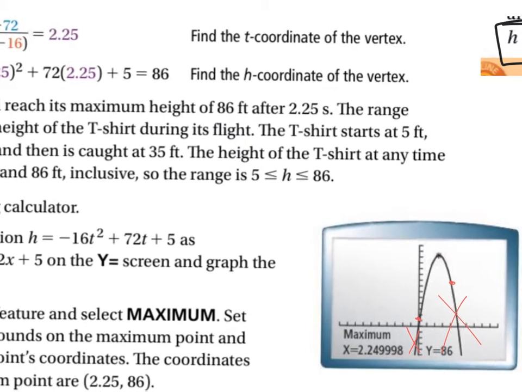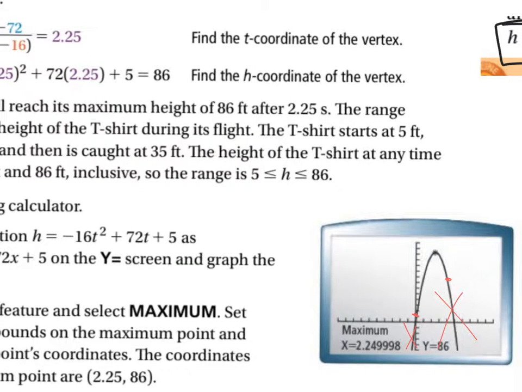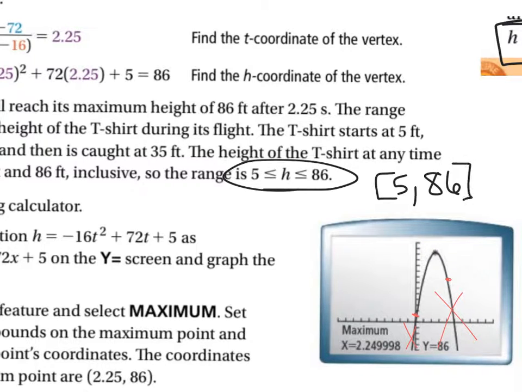Like they said in the book, you could say h is between 5 and 86. Or in interval notation, it includes 5 and 86, so we could put bracket 5, comma 86 bracket. Again, the brackets mean it includes those points. Okay, so that's one method of doing this.